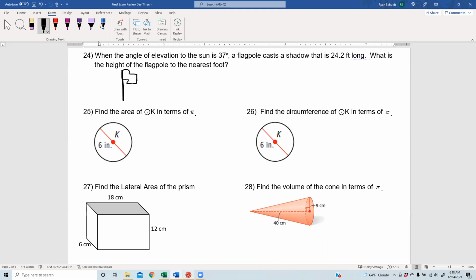When the angle of elevation to the sun is 37 degrees, what that means is if I'm on the ground, looking at the ground, this angle is 37 degrees. When that happens, I've got a shadow of my pole.